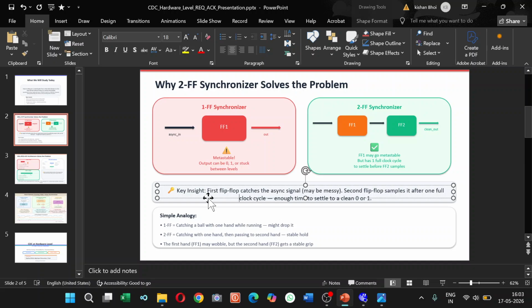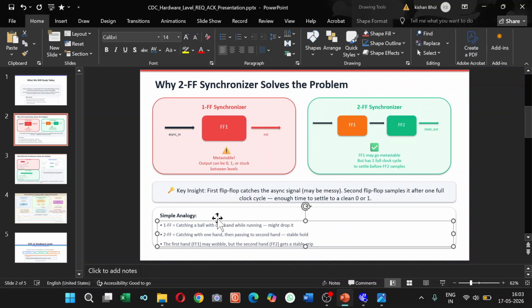The key insight is that the first flip-flop catches the asynchronous signal, and the second flip-flop samples it after one full cycle. So there is enough time to settle to a clean 0 or 1. It will not be stuck between 0 and 1, in the analog state.